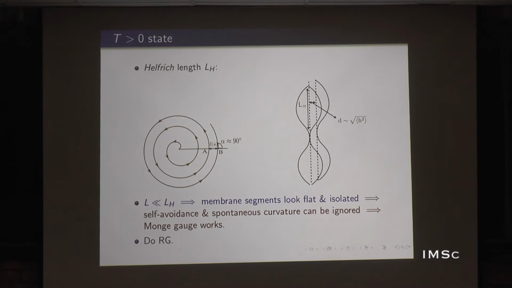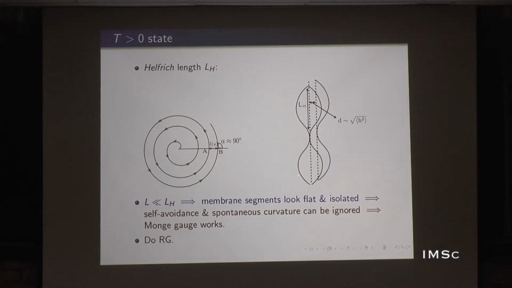If the length scale that you are probing is much smaller than the Helfrich length, then the individual segment does not know that there are other segments around, because it knows the existence of other segments only by hitting. If the typical hits are over a scale of L sub h, then segments smaller than L sub h will not know that there are other segments. So, they are isolated.